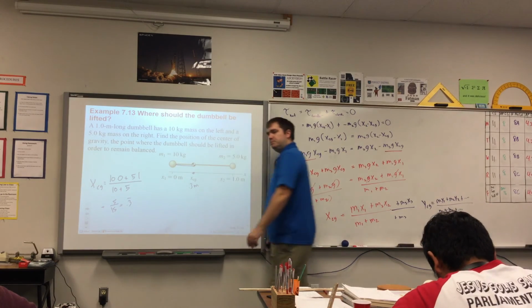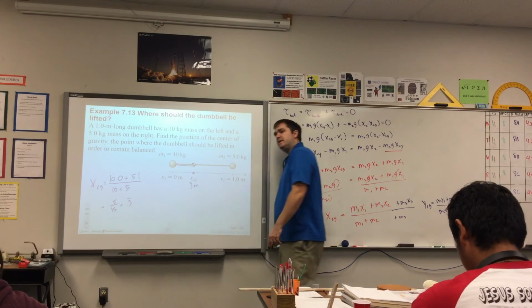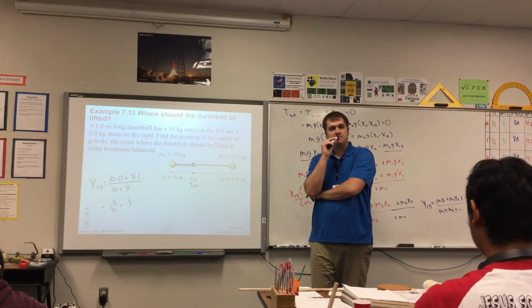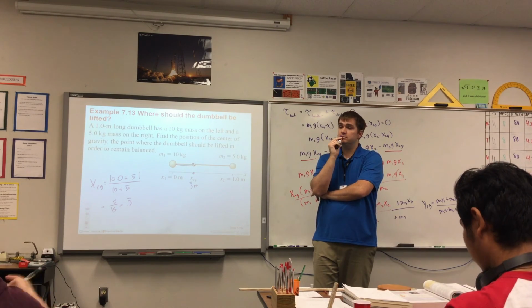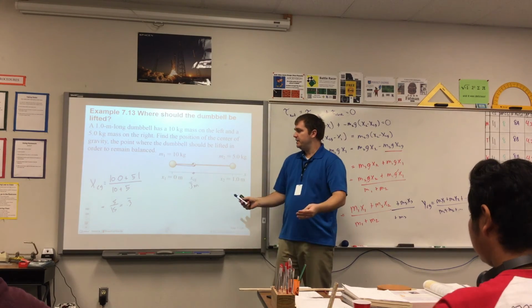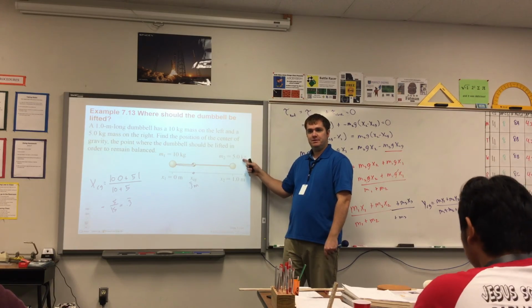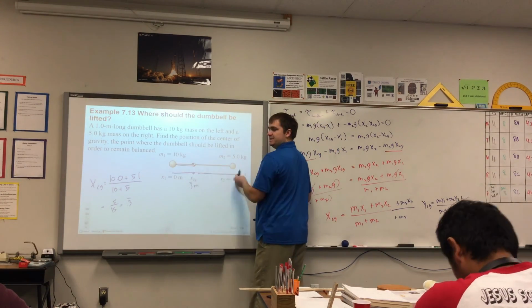Is that what you would expect where the center of gravity would be? Yeah, because it's heavy on that end. And it's not only because it's heavier, but look at it, it is exactly twice as heavy, and you've got exactly twice the distance over here.